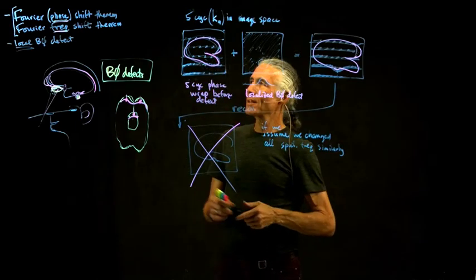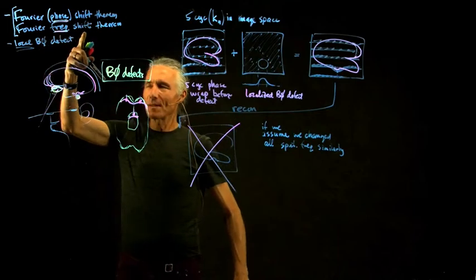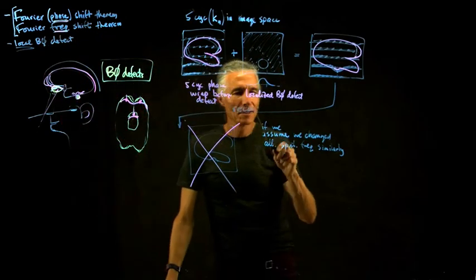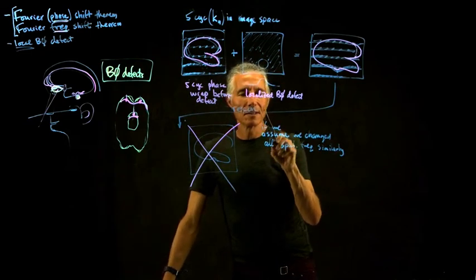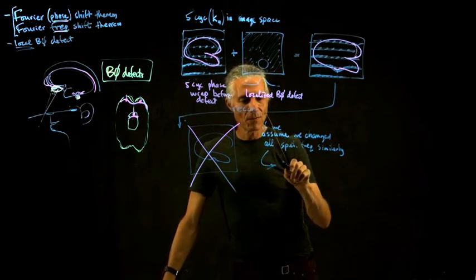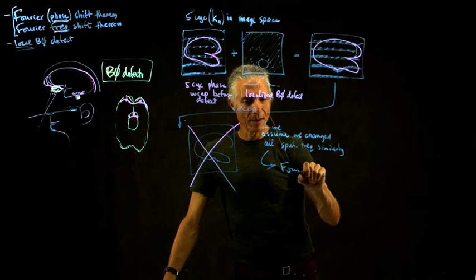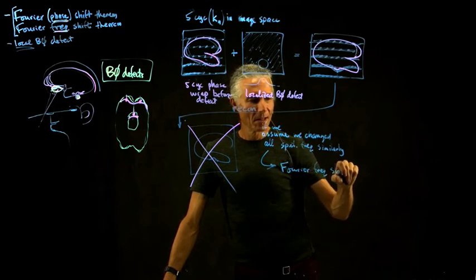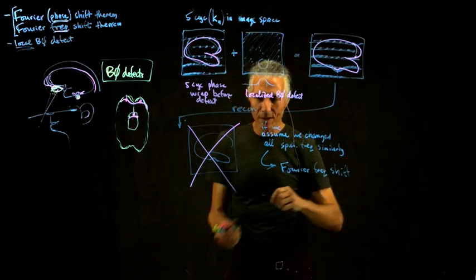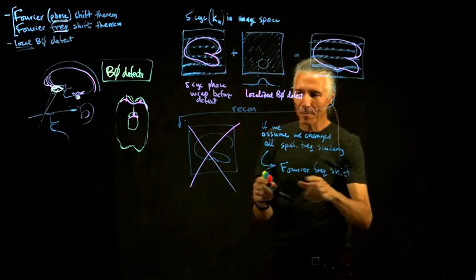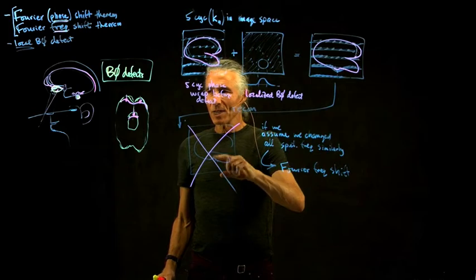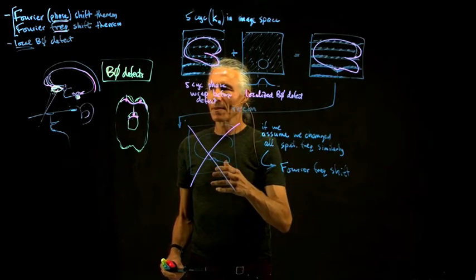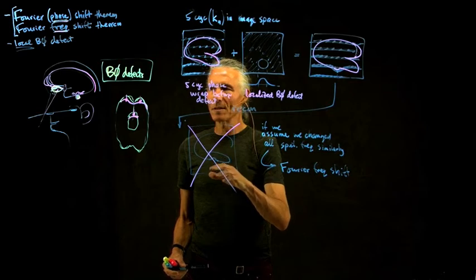We would get the Fourier frequency shift theorem. That's just the Fourier frequency shift theorem. And so what would happen? All it would do is that in this part of the brain, it would change the image phase. It wouldn't actually change it spatially. The spatial amplitude image would be the same.